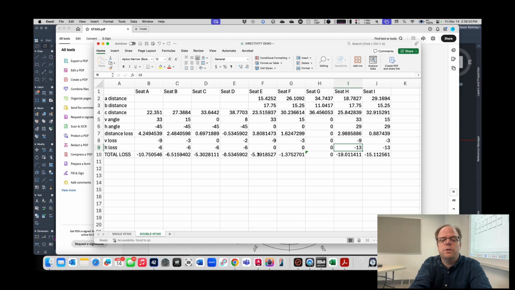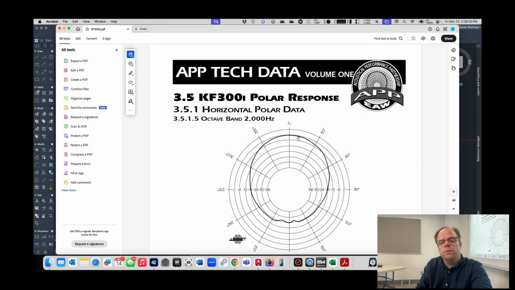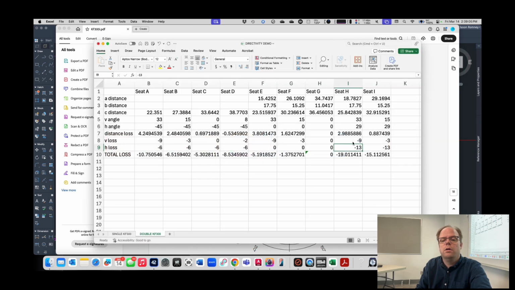Okay, so let's look at the 29 degrees for H and I. Well, 29 is just right shy of 30, which is a little bit more than halfway between 6 and 12, so let's call it 4. It's -4, -4. Okay.